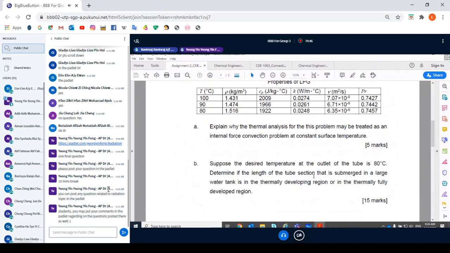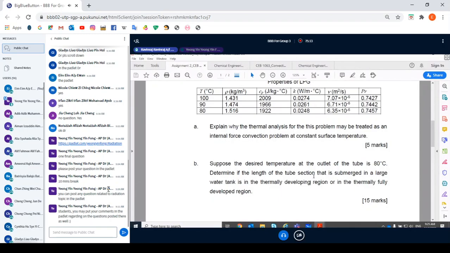Sorry, madam. I just want to confirm. It's like I already understand the method, but why? Let me just explain that, madam. After we prove that it is a thermally developing region, like after we compare the length we obtain from the thermally developed region with the developing region, then we prove that it is a developing region.